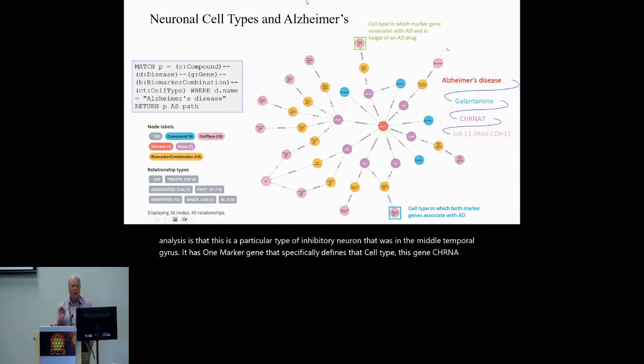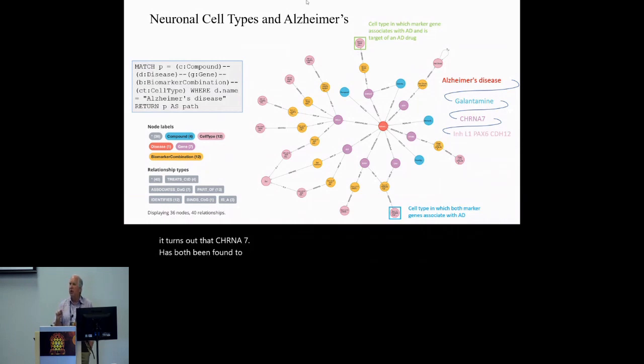And it turns out that CHRNA7 has both been found to have a genetic association with Alzheimer's disease in GWAS studies, and the protein is also bound by a drug, galantamine, that is being used in trials to treat Alzheimer's disease. And so I think this is the kind of information that can come out of these knowledge graphs that now start us to learn about things like maybe potential drug targets and other kinds of associations.